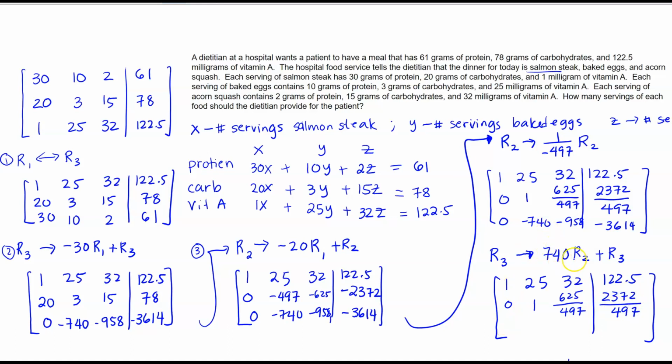Then if you perform this operation again, you have 740 times 1 is positive 740, minus 740, that is 0. So 0, that's what we want to get. So you multiply 740 times this expression here, minus 958. Do that on your calculator, and this is what you would get.